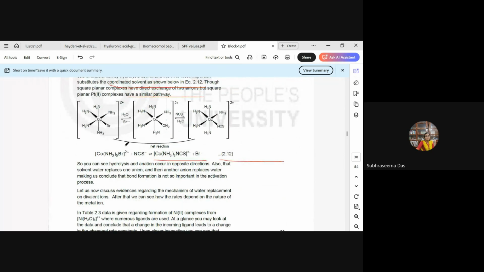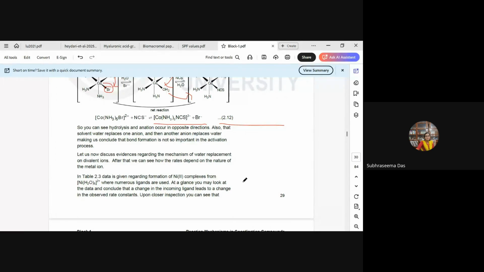So in this case, water is added, the bromine is removed, and water takes up this position. When NCS is given, with the removal of water, NCS goes here, and water goes outside. So we can see that hydrolysis and anation occur in opposite directions.